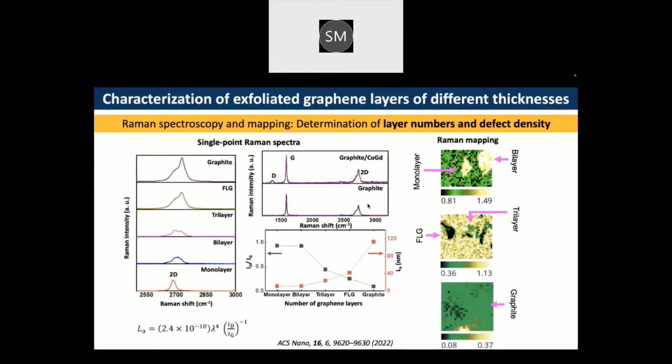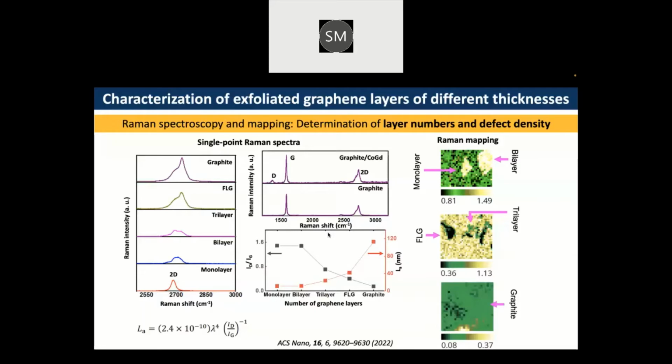We have identified micron-sized flakes with monolayer, bilayer, trilayer, few layer graphene and graphite. The layer numbers are identified from the shape of the 2D peak and the ratio between the intensities of 2D and bulk G peak. There was no defect introduced during exfoliation, as we observed from the Raman spectra.